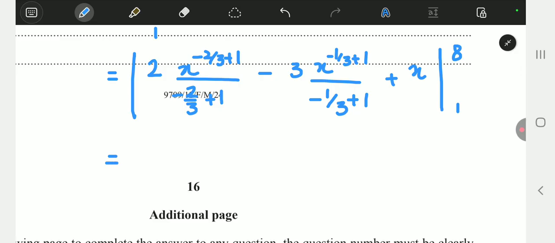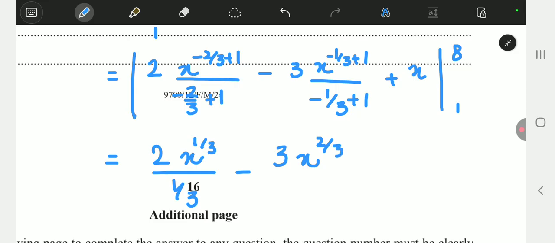-2/3 + 1 is actually 1/3. So we have 2x to the power 1/3 over 1/3, minus 3x to the power 2/3 over 2/3, plus x.